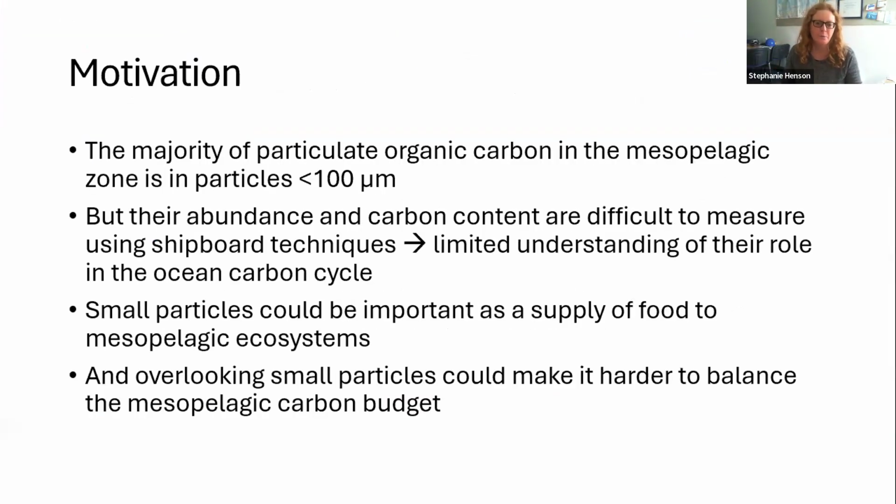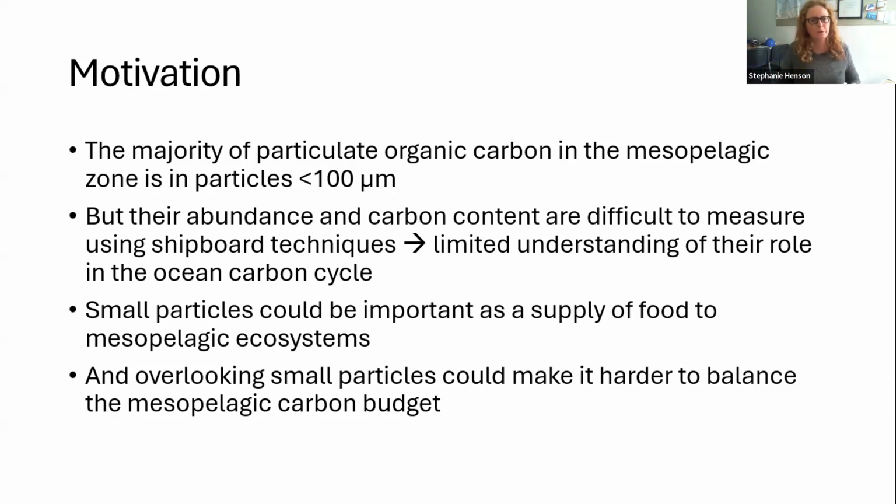So we're interested in looking at small particles in this analysis. The reason is that the majority of POC in the mesopelagic zone is actually in the small end of the particle range, but their abundance and their carbon content is quite difficult to measure using classic shipboard techniques. And so, perhaps that implies that we have a limited understanding of their role in the ocean carbon cycle.